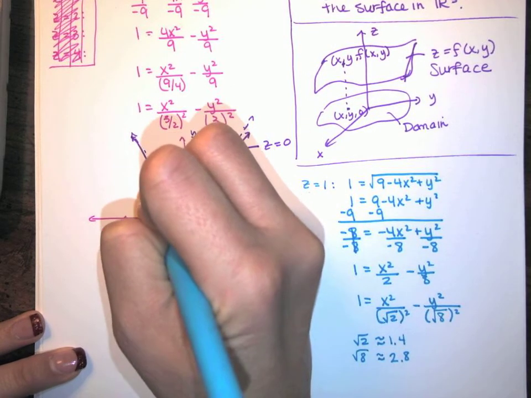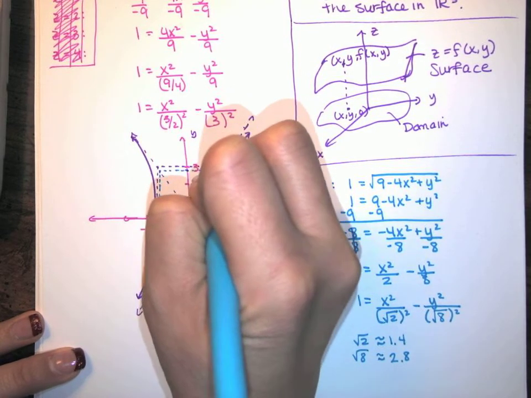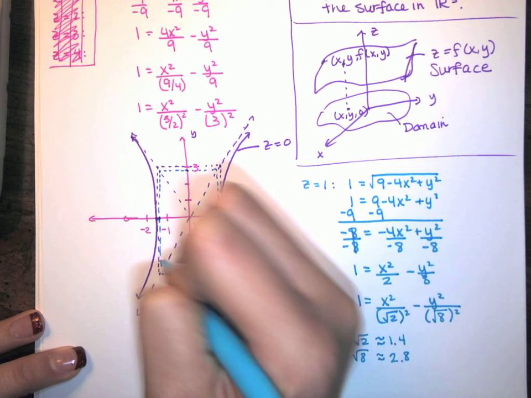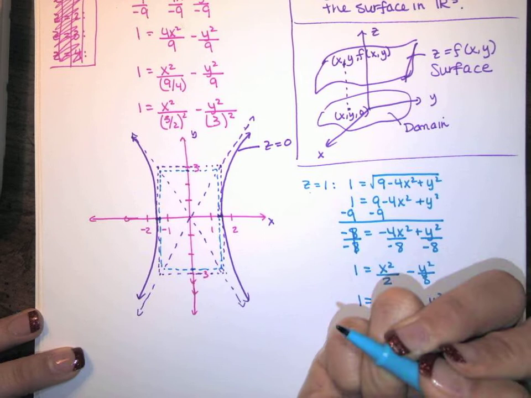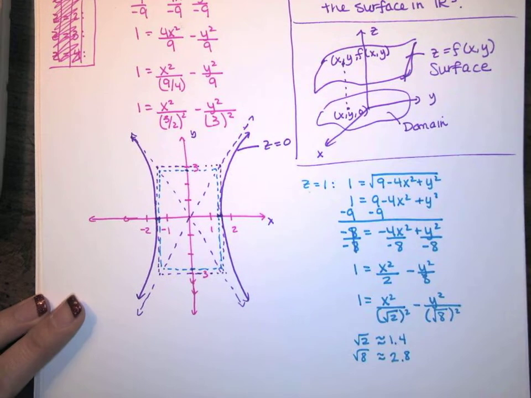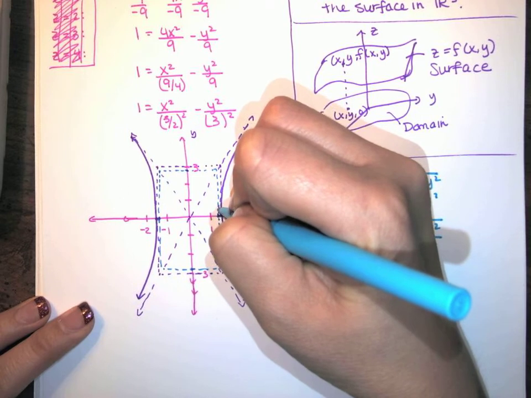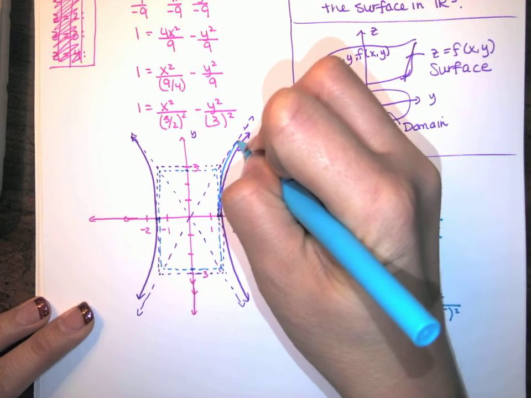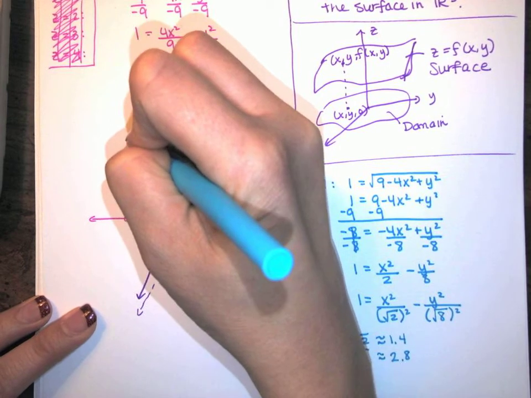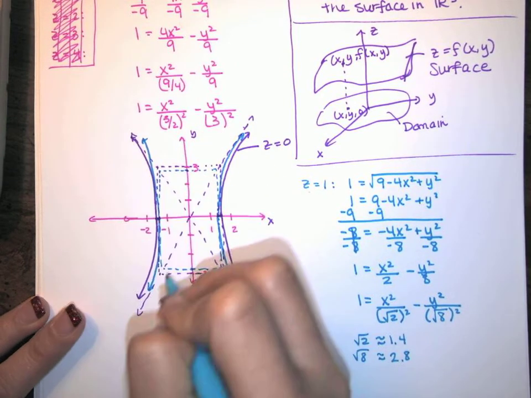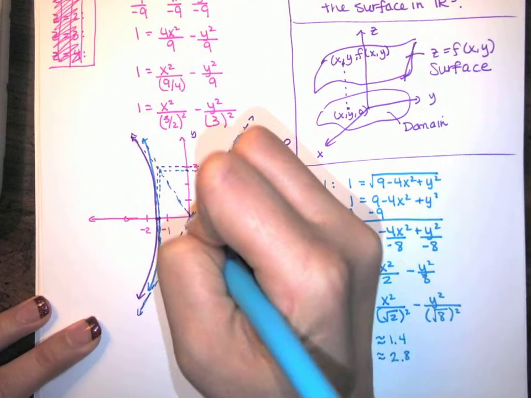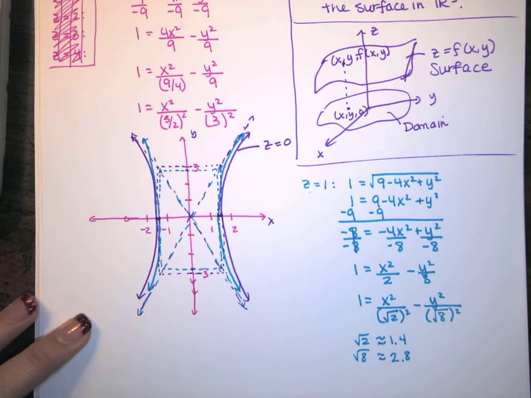So our rectangular box is going to look a lot like the other rectangular box. It's just a little smaller. And it still opens in the x direction. So I'm going to see branches that look like that. When I draw my hyperbolas, or excuse me, my asymptotes, that's what we get.